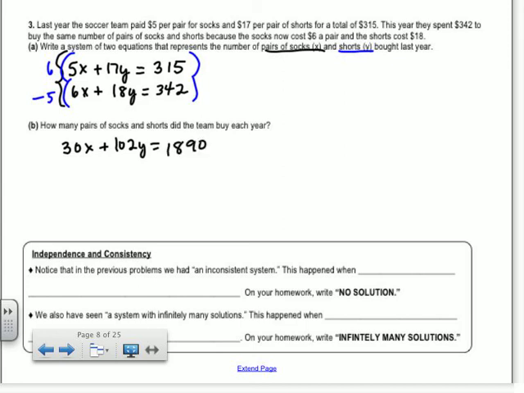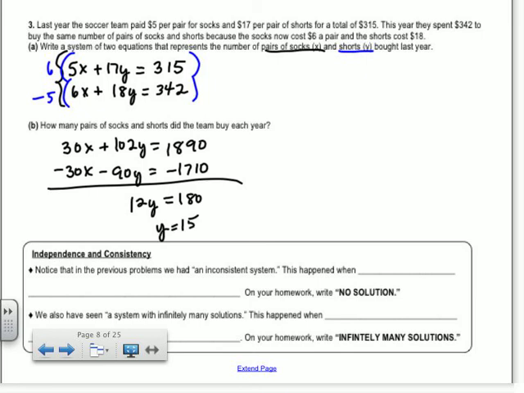Then you have -30x minus 90y equals -1710. So when you add straight down, you get 12y equals 180. So the x's go away. That means y is equal to 15.